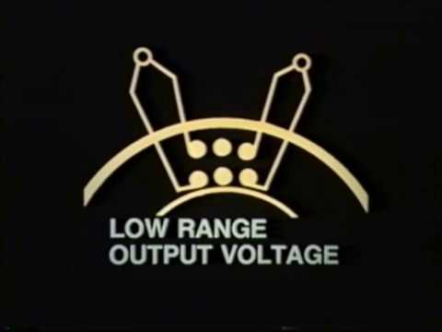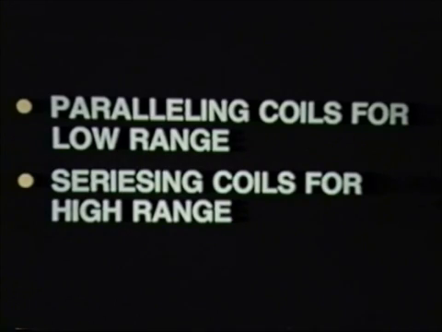Connecting 2 coils per phase in parallel provides a low-range output voltage. Again, single circuit may be either low or high range, but not both. Two circuit is reconnectable by using paralleling coils for low range or seriesing coils for high range.